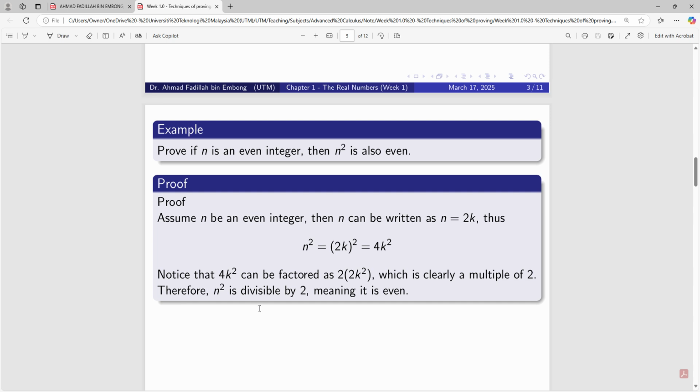This means that n squared is divisible by 2, which means that it is an even number. So it's just a direct way. You start from the assumption, we do some manipulation here, and then we get to the final answer, which is n squared is even for this particular example.